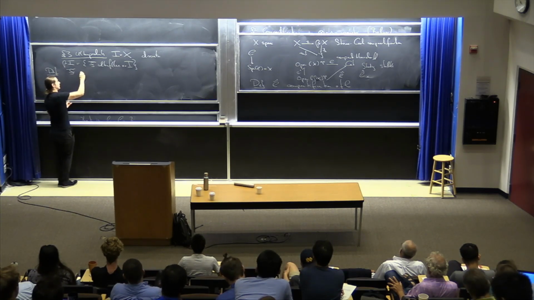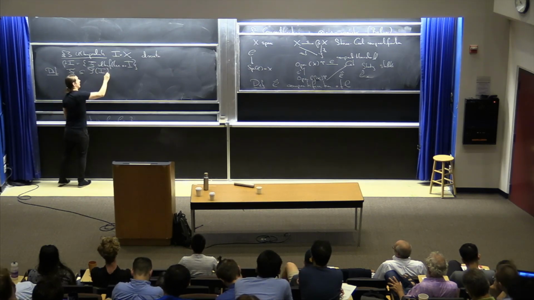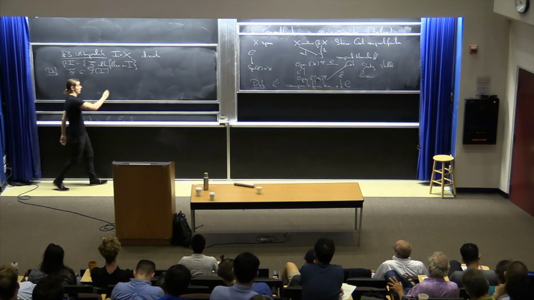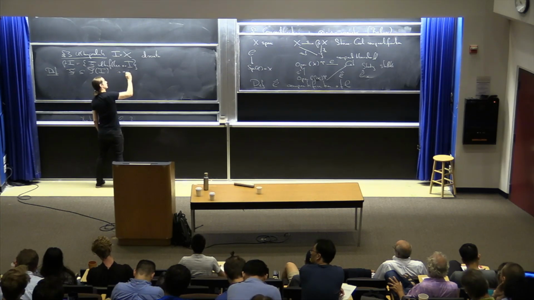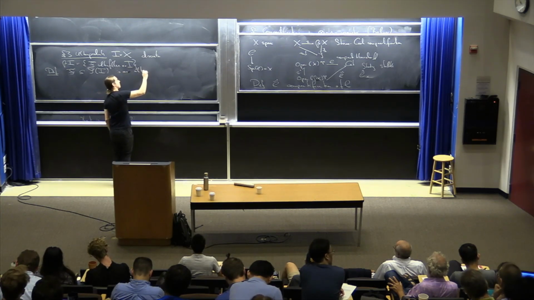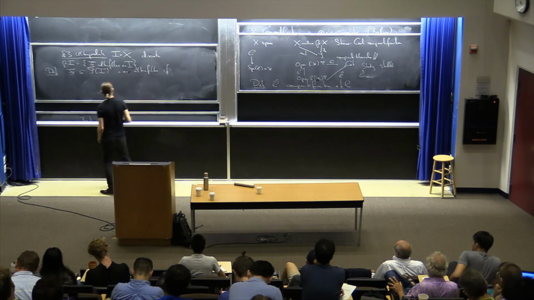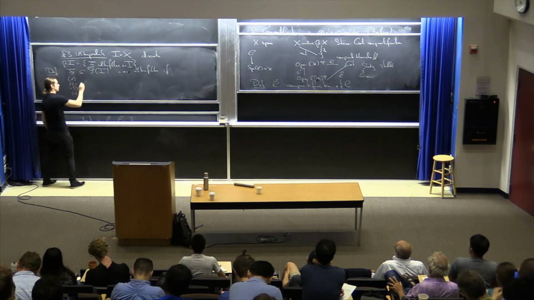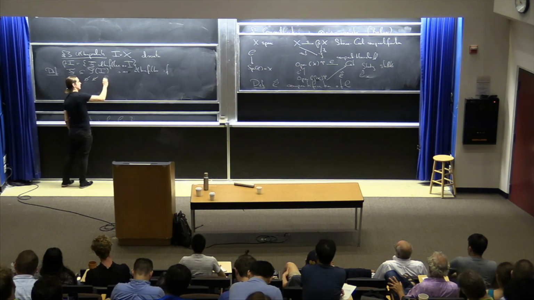An ultrafilter on I is a collection of subsets of I that satisfies the following four conditions. The first one is a non-triviality condition, so it should not contain the empty set.